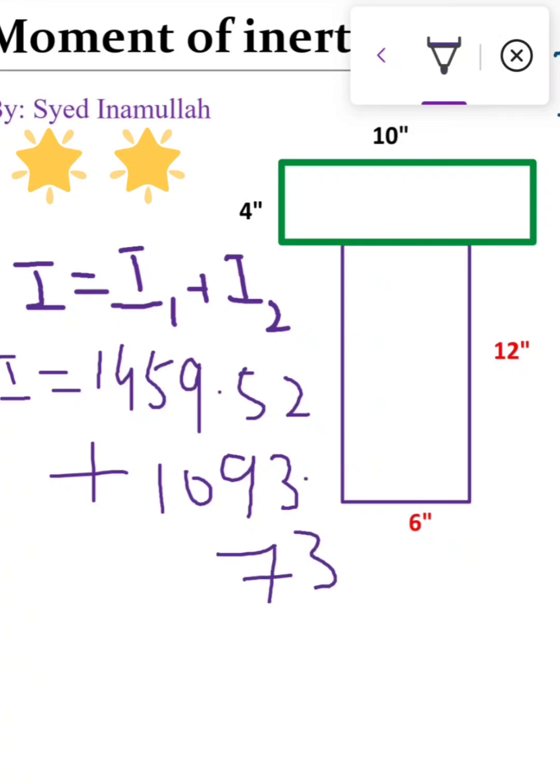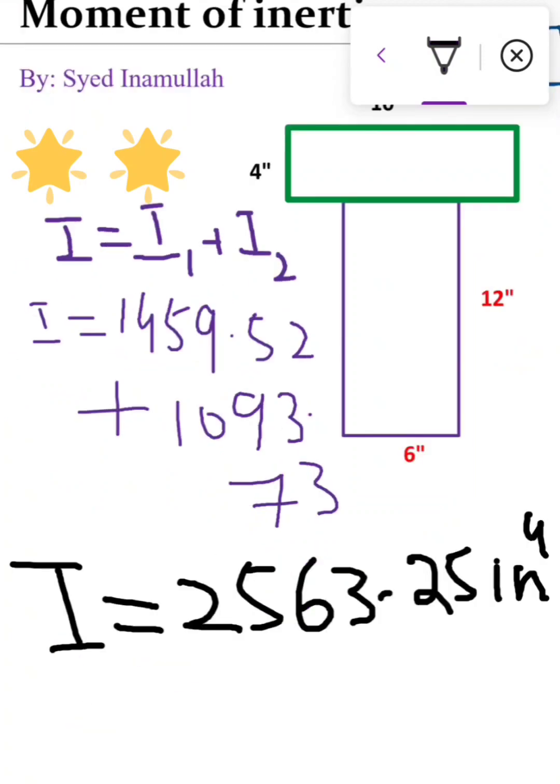By adding I1 and I2, we will get the total moment of inertia, which is 2563.25 inch raised to the power 4. This is the whole procedure for calculating the combined moment of inertia for both rectangles.